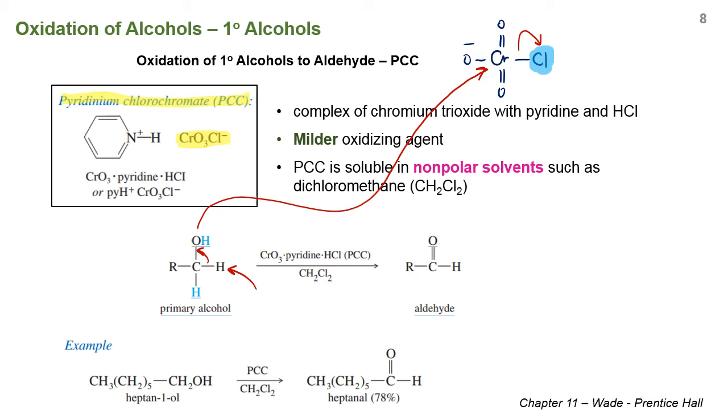Therefore, you won't have water to transform aldehyde into the diol here. Therefore, there is no overoxidation, and you can stop at the aldehyde level. For example, heptanol can react with PCC to form heptanal in 78% yield.